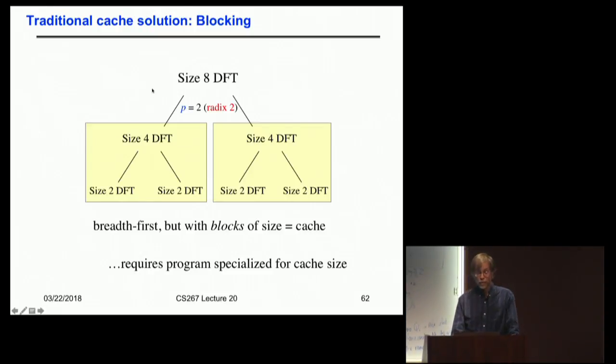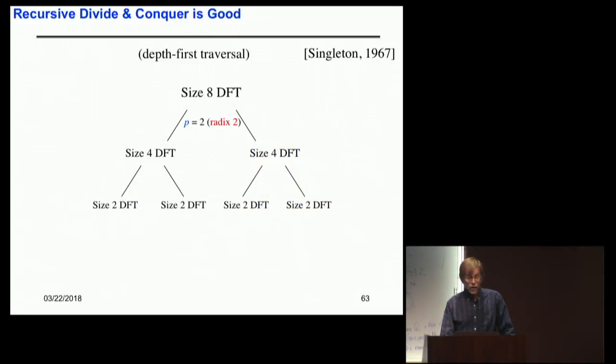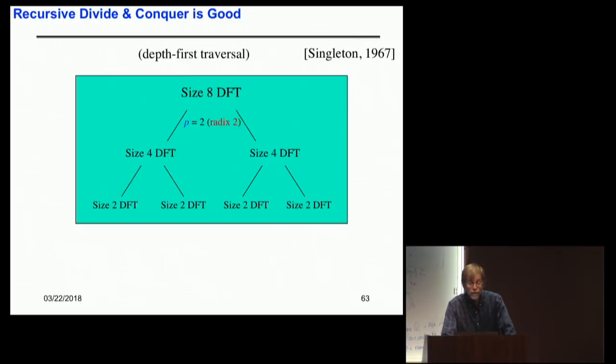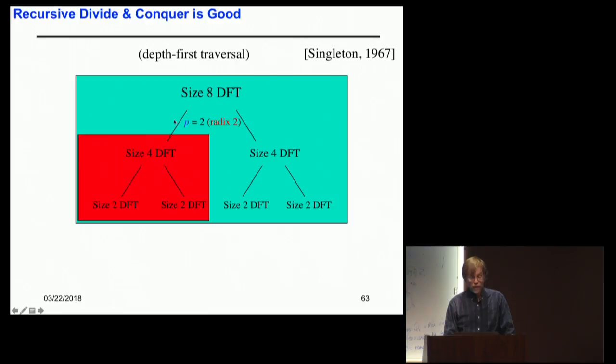But of course, if you did recursion all the way down to 2 by 2 FFTs, you'd be totally dominated by the cost of the recursion and handling the stack. So instead, they figure out what is the right size for the bottom. At some point they'll say, at this point I'm going to unroll it into no more loops, no more recursion.